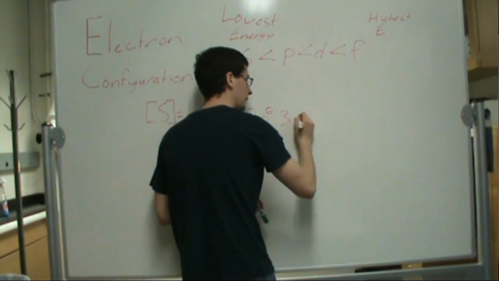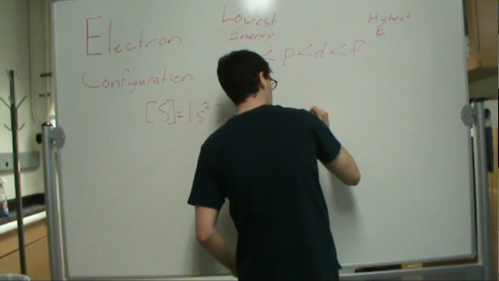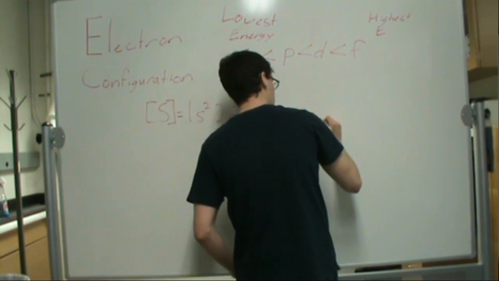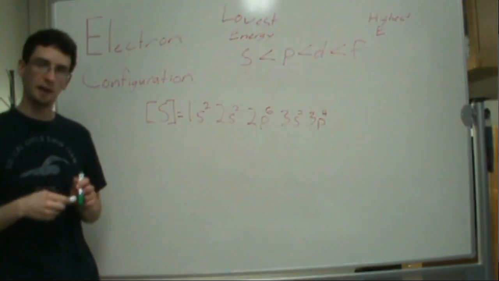Then we would move to the third shell, 3s2, then 3p4. We could write it something like that.